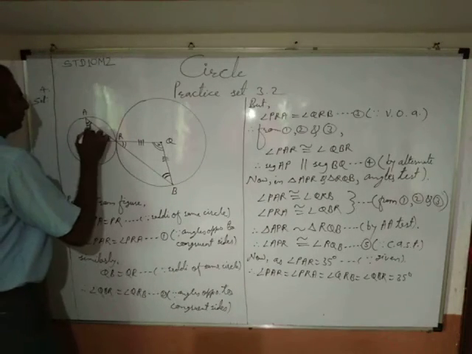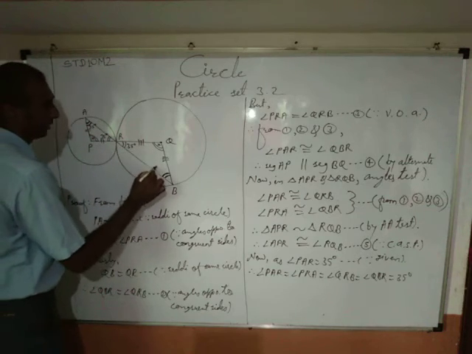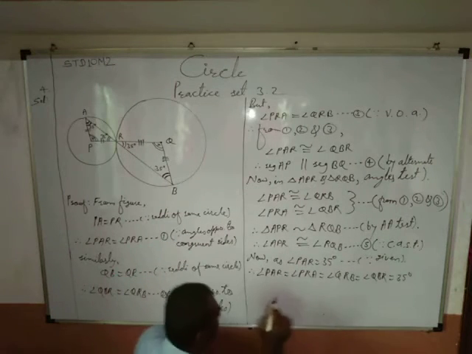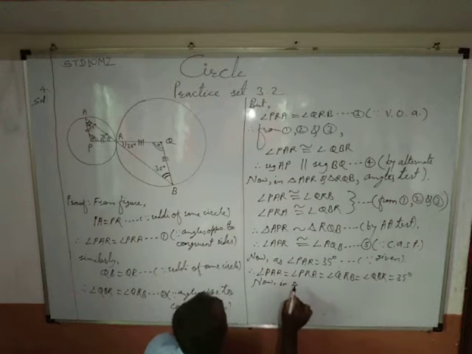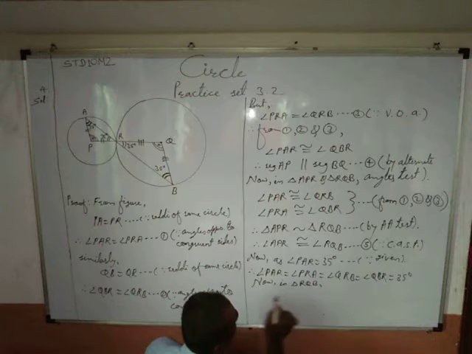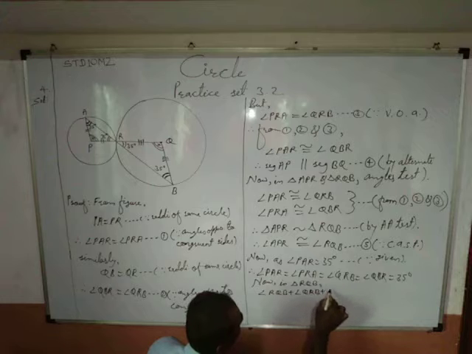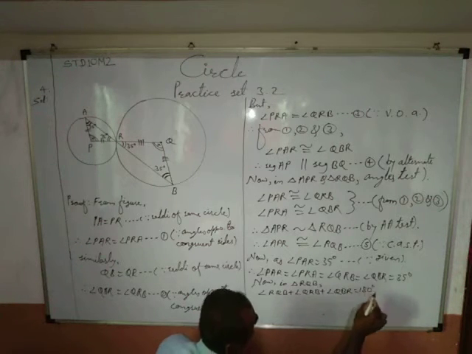Means each of these four angles will measure 35 degree. Now in triangle RQB, angle RQB plus angle QRB plus angle QBR equals 180 degree.